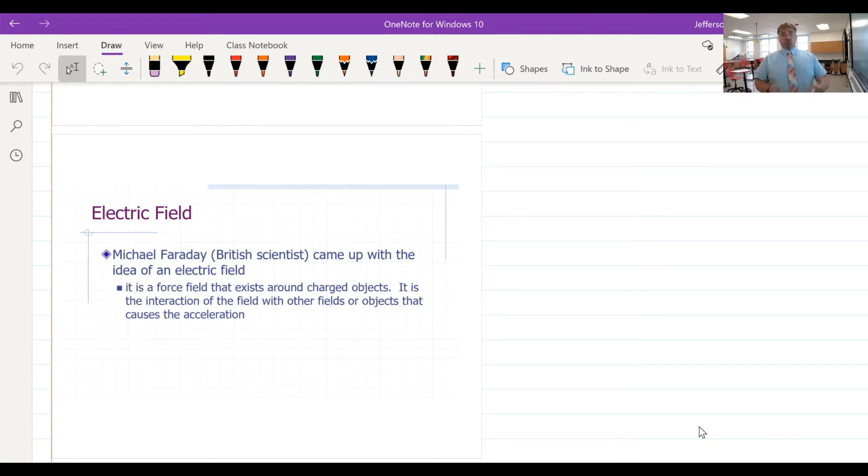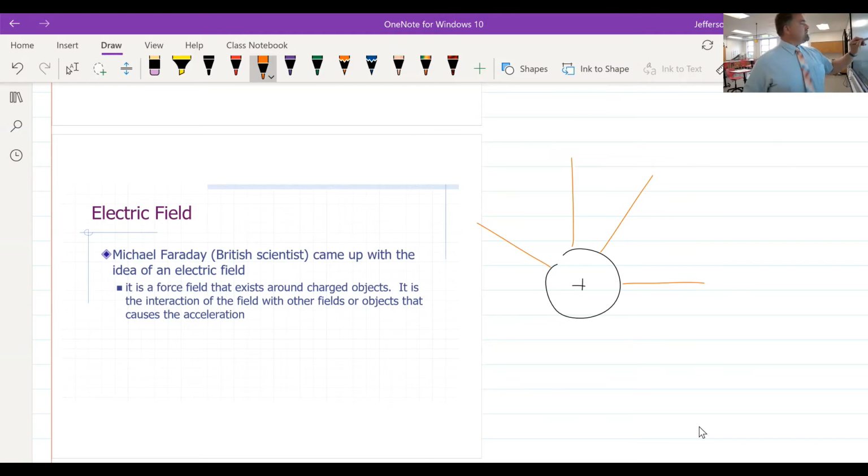The same thing is true for electric charges. You don't have to come into contact with it in order to have that force of attraction or repulsion on those charges. And so Michael Faraday came up with the idea that around electric charges, so if this is your electric charge, there is an electric field that surrounds it, much like the gravitational one.